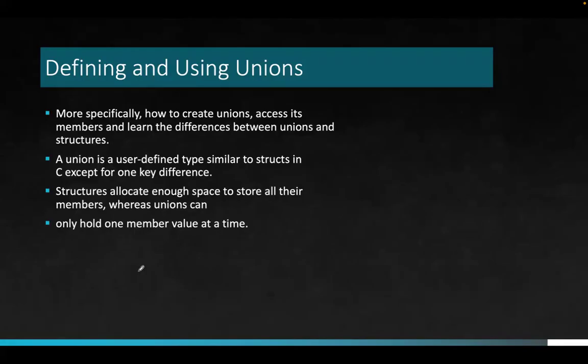Structure follows the struct keyword. Union follows the union keyword. That's it. Not much difference. Everything remains the same. But what happens here is that a structure allocates enough space to store all its members, whereas a union can only hold one member value at a time. This is the only difference.